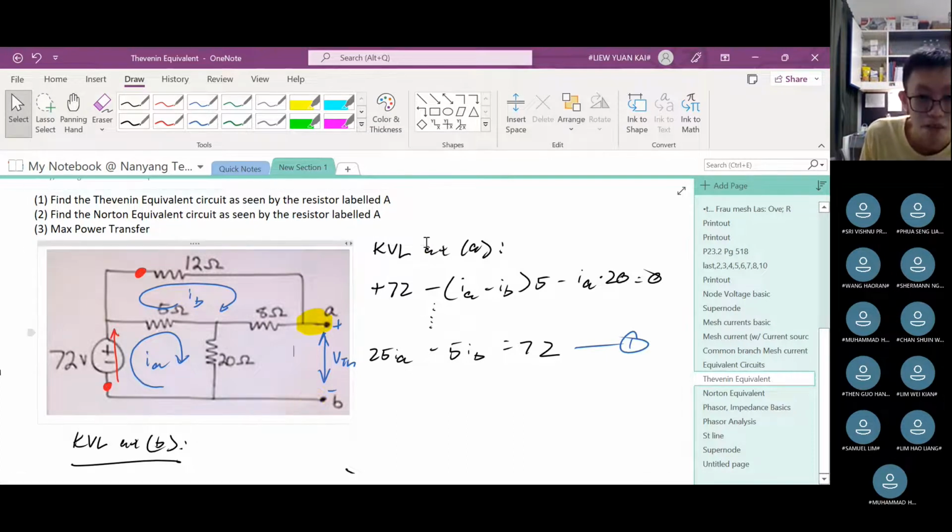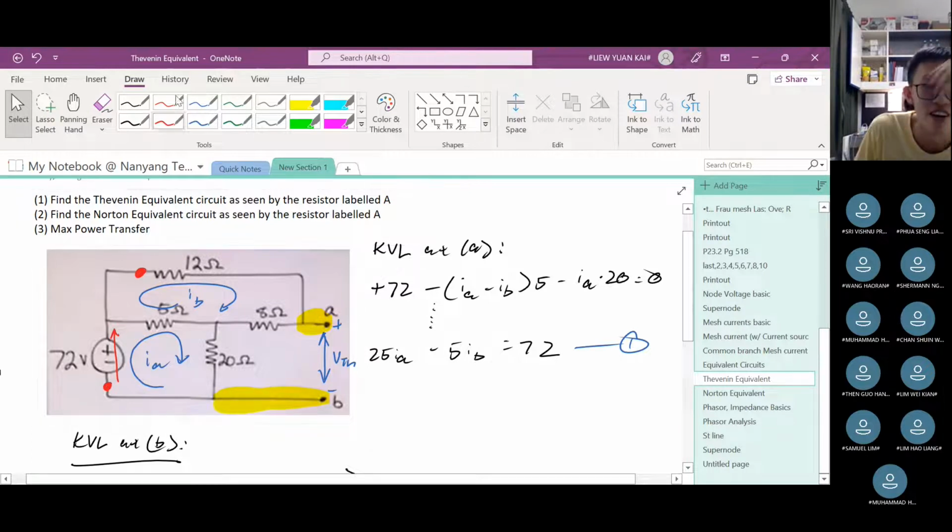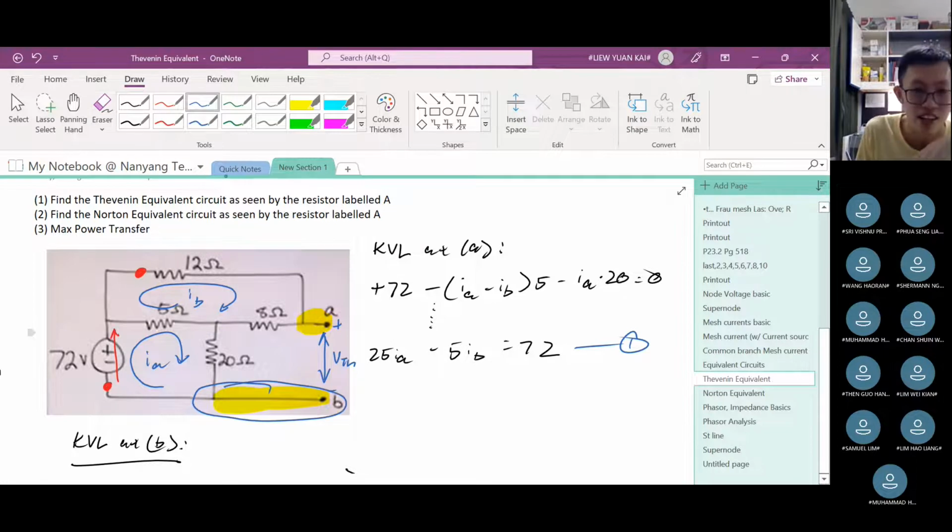Okay, actually, keep in mind, this whole thing down here, where I'm highlighting over here, this whole thing is a node, right? Because check, is there any devices across there? No, there's no devices, so no potential difference. That means this segment of wire down here is a single node with a value of B, right?